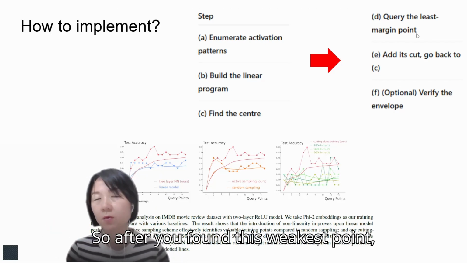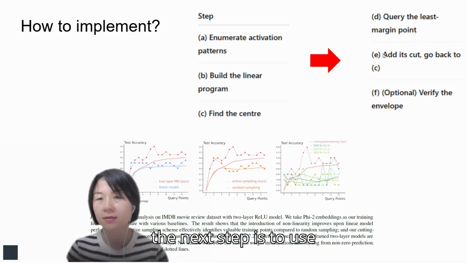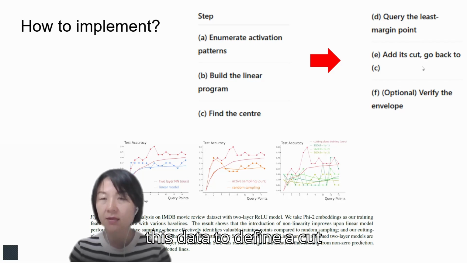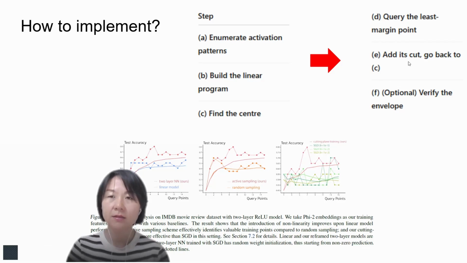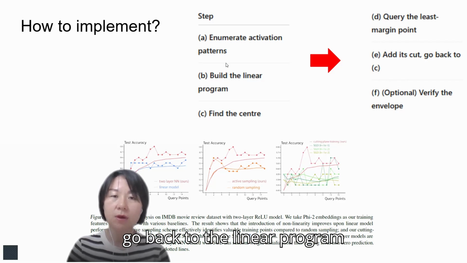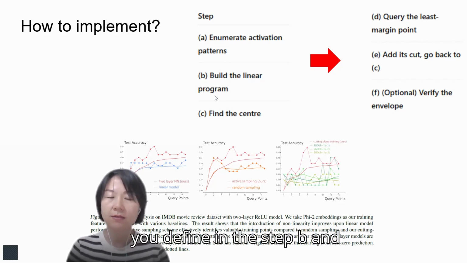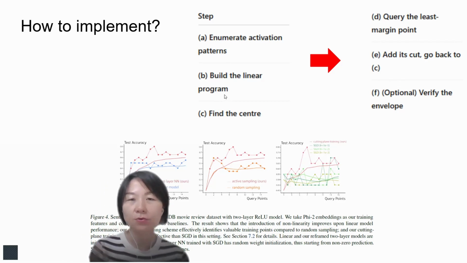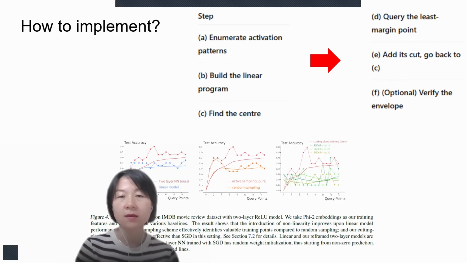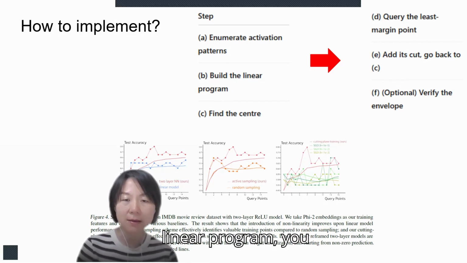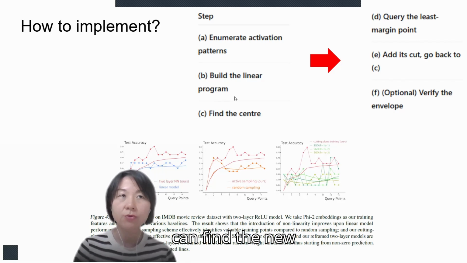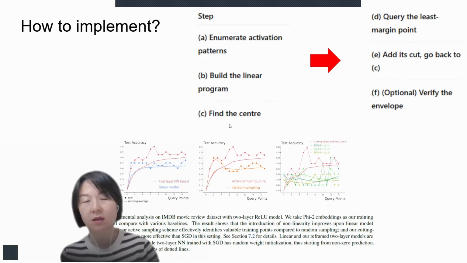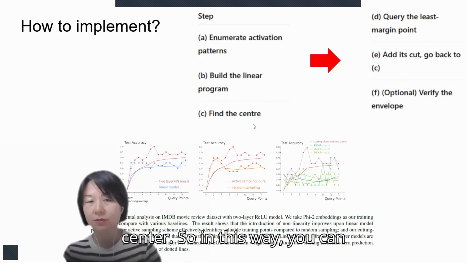After you find this weakest point, the next step is to use this data to define a cut, then use this cut, go back to the linear program you defined in step B, and solve it. After you solve this cut-constrained linear program, you can find the new parameters, and from these parameters you can define a new center.